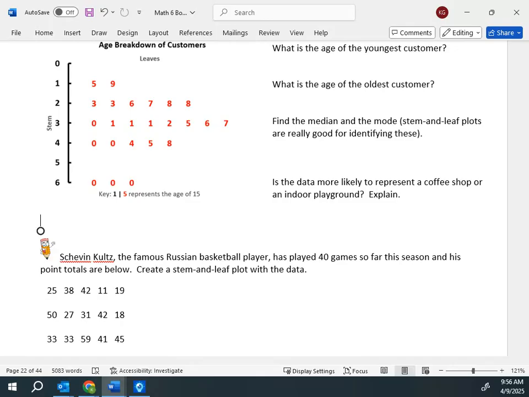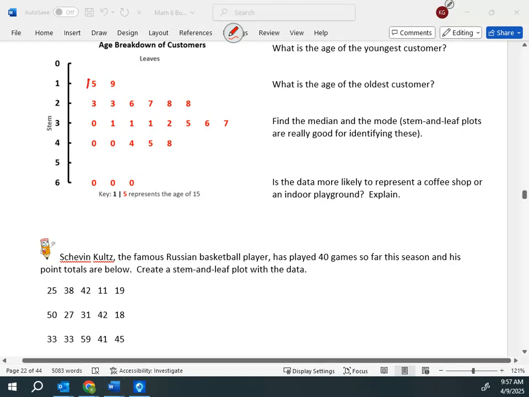If I look at my next one, my stem is a 1, and then I have a 5 and a 9. I just said there's no 5-year-old customers. Can anybody figure out what the age would be? Sarah? 15. So my first step with stem and leaf plots is to put the actual numbers, so I know what numbers I'm dealing with.